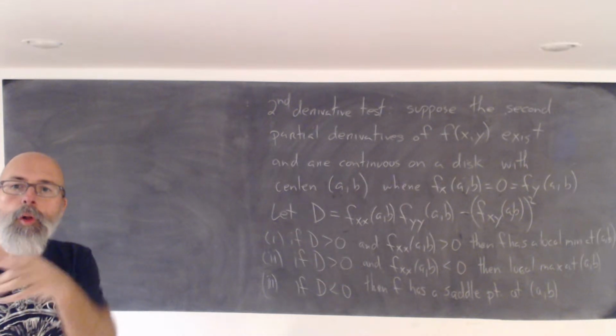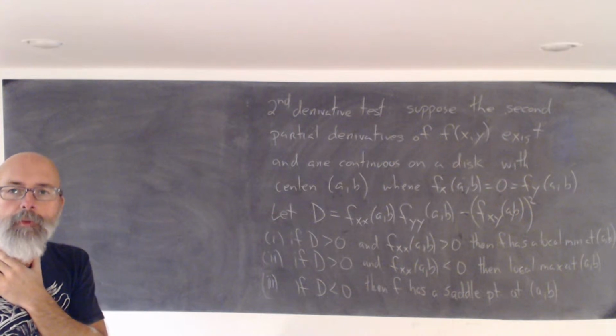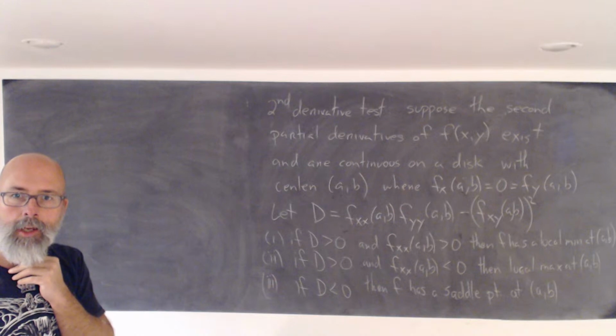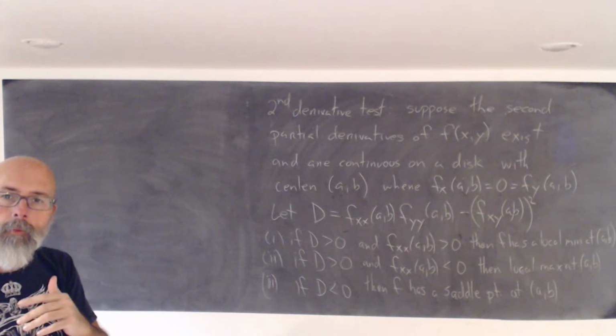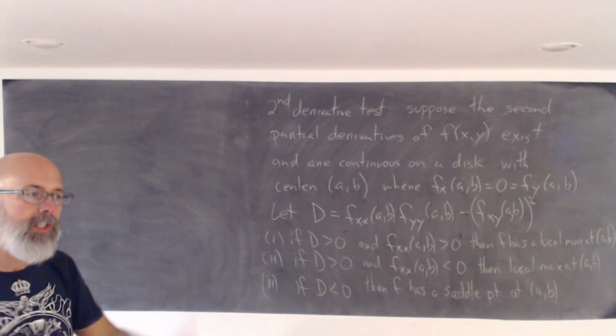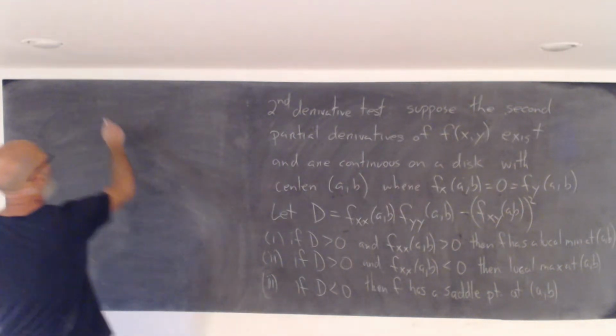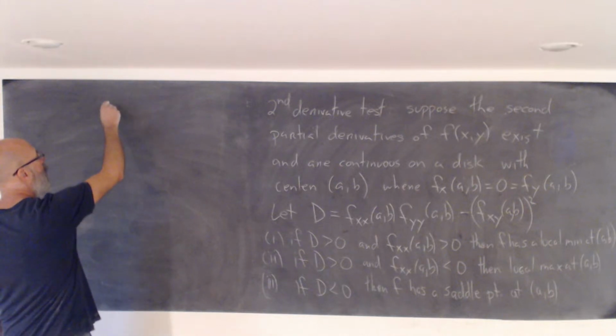If you scroll up there, would the max and min be different with respect to different variables? That's what happens at a saddle point. Think of a saddle. You know what a saddle looks like, when you're riding horses. And how would you draw a saddle?